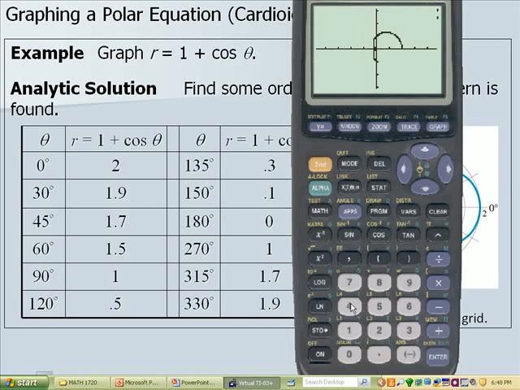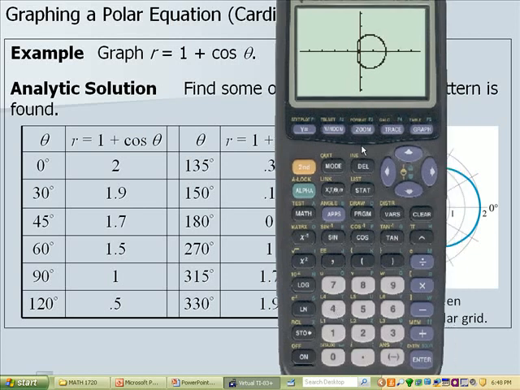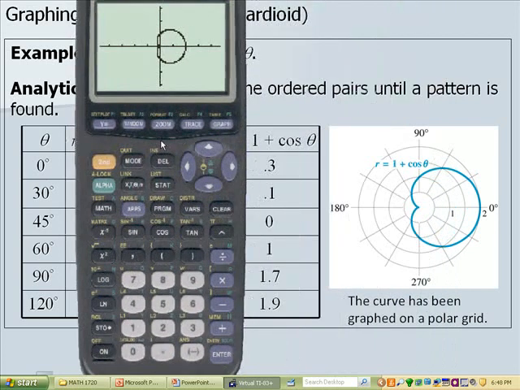This particular graph is what we call a cardioid, sort of looking like a heart. Now if our window had been a little bit different, we would have seen our curves here a little bit better.